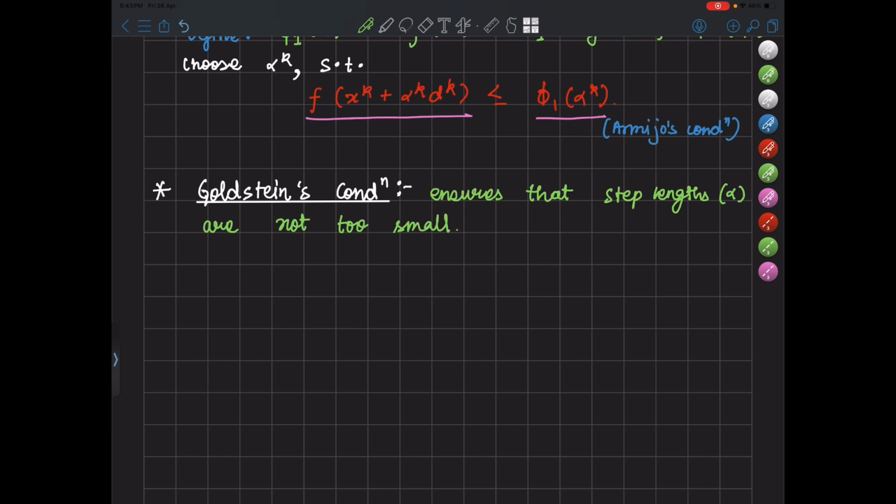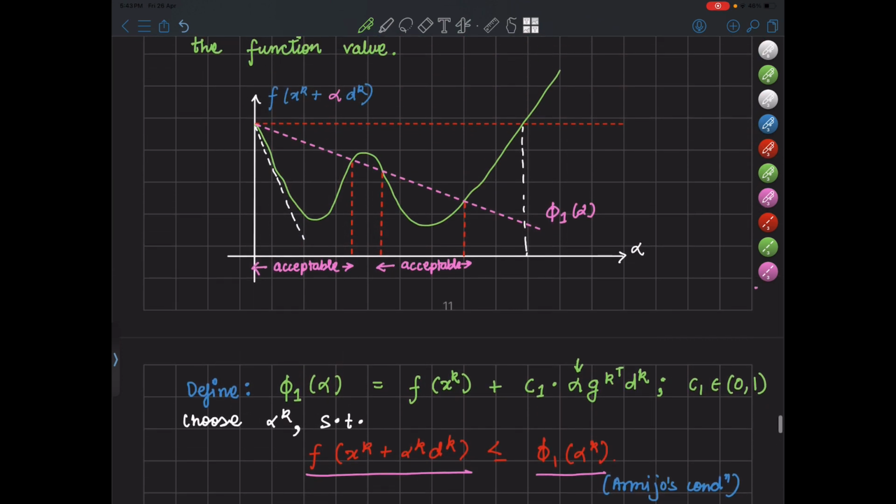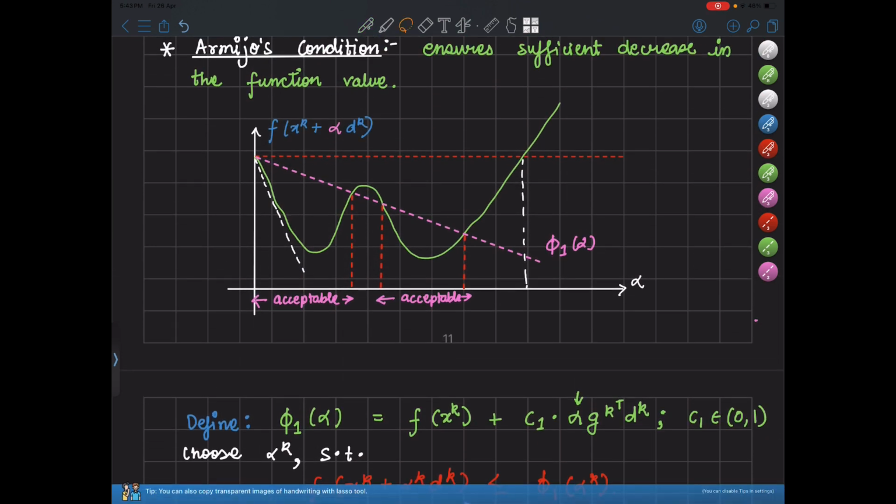So let me just write the condition and then I'll explain it on the graph. Let me first take a copy of this graph.